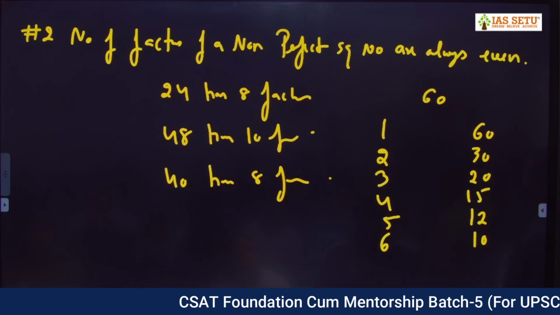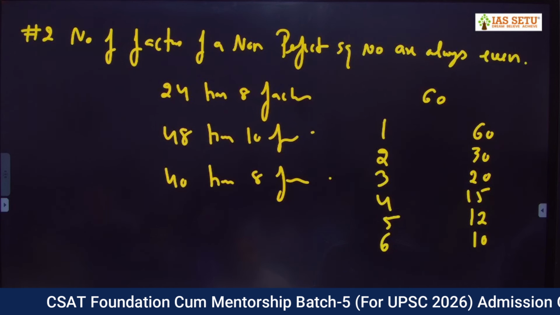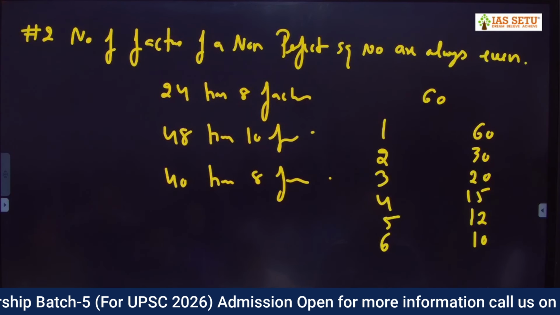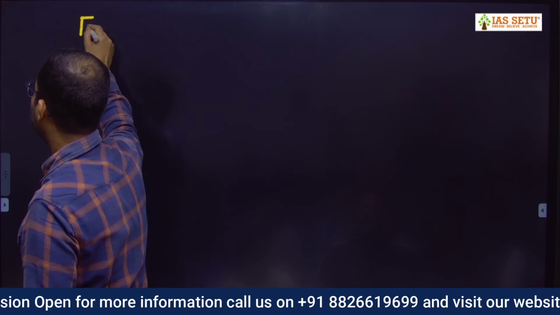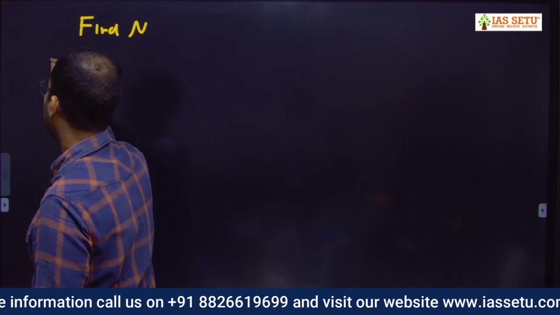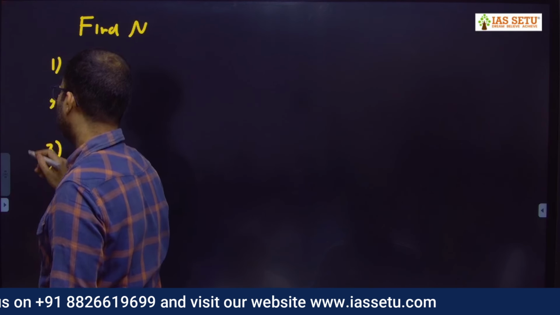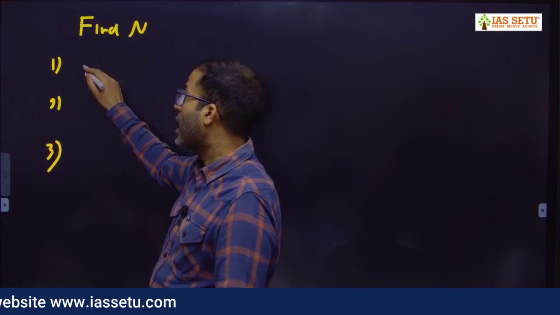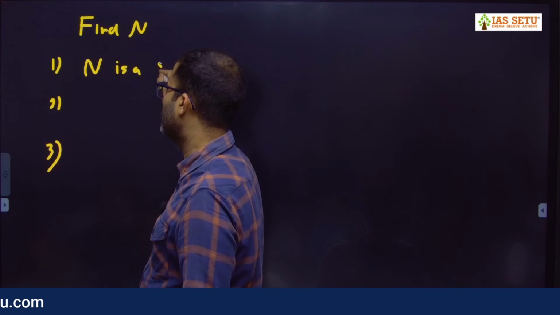Before I tell you the short trick for number of factors, sum of factors, product of factors, I ask you a question. Okay? Question is find n, and I give you 3 information. Find n. You have to tell me what is n. N is a 2-digit number.